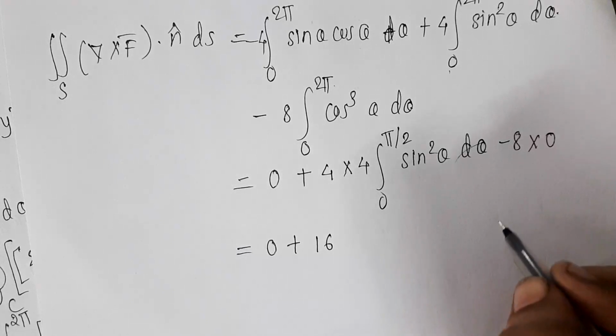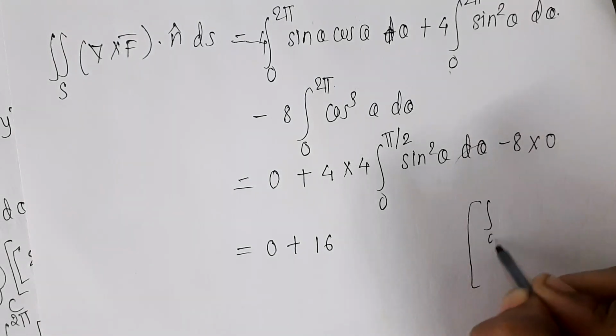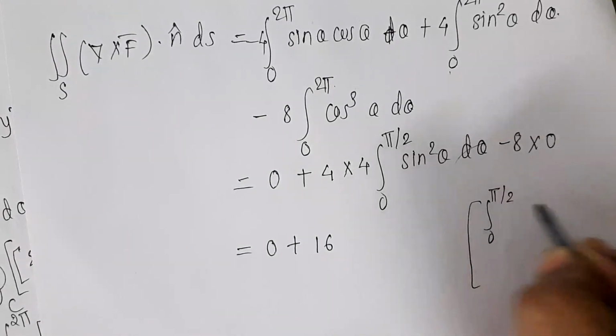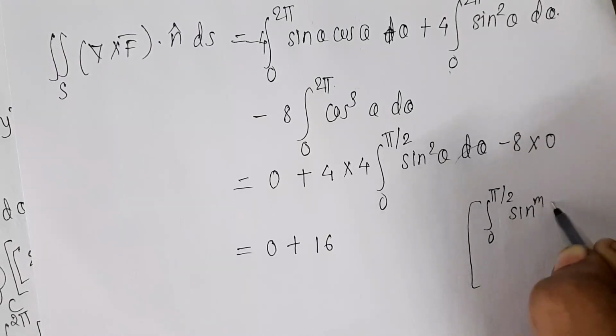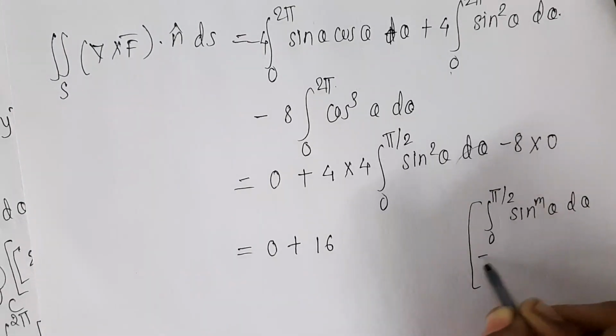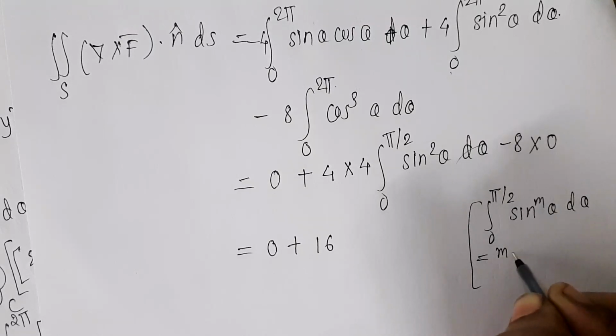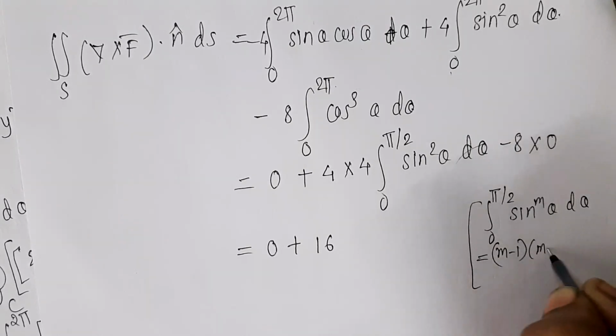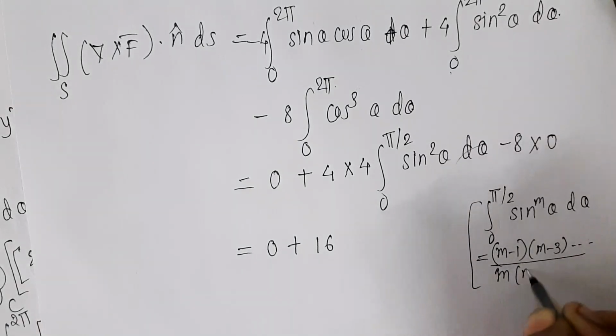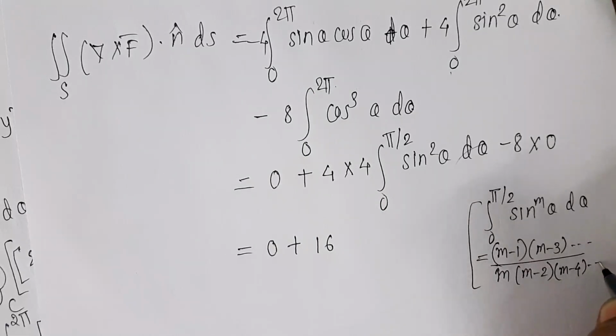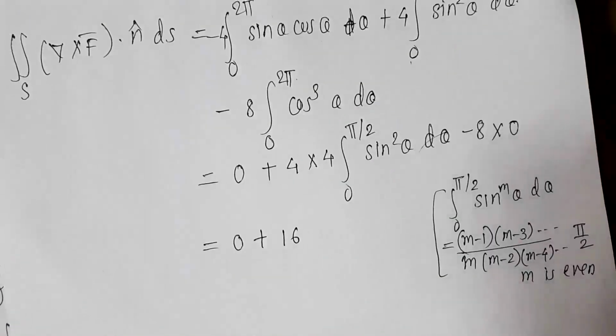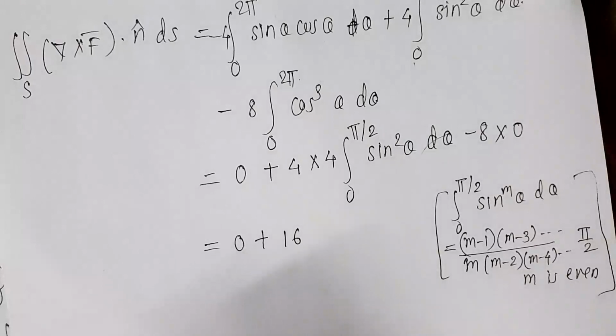Now we have one formula: integration 0 to pi by 2 of sine to the power m theta d theta is equal to (m minus 1)(m minus 3) and so on, divided by m (m minus 2) and so on, multiplied by pi by 2 if m is even. So we can use this reduction formula to simplify it further.